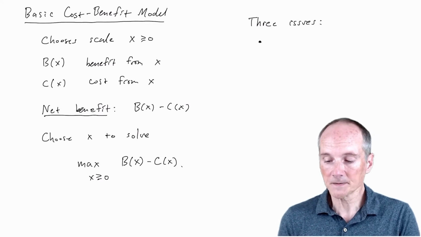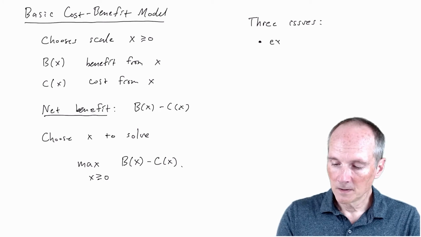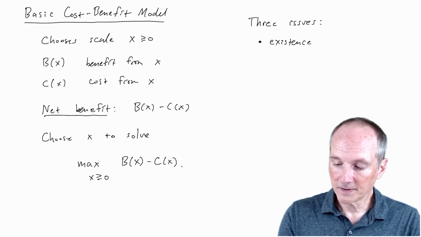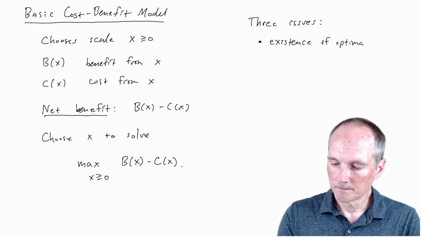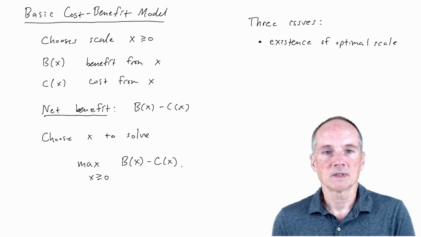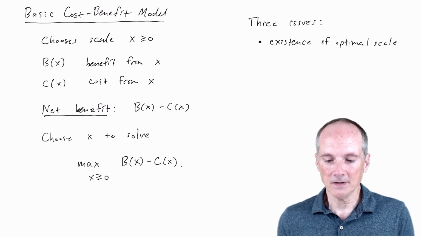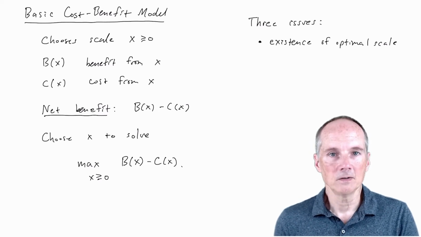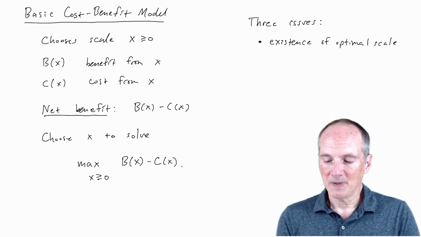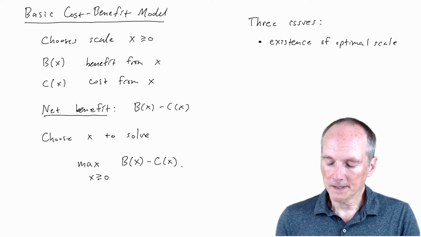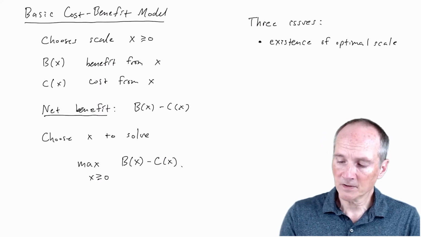In either case, there's a question of, is there an optimal scale? Okay, so existence of an optimal scale. If there is no optimal scale, this model is not going to be very useful. So I want to talk about just basic conditions for existence of an optimal scale.